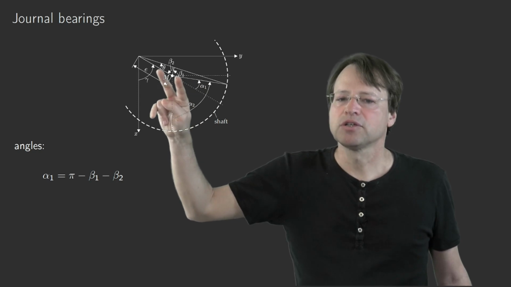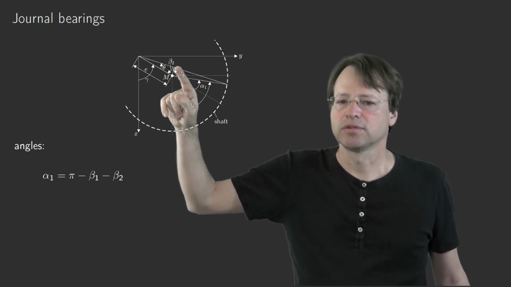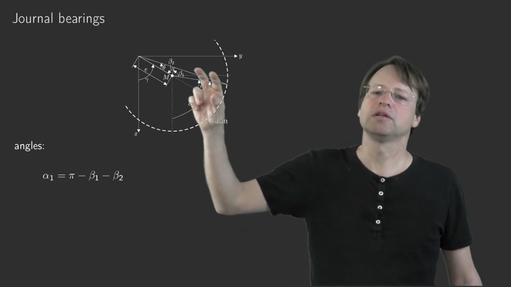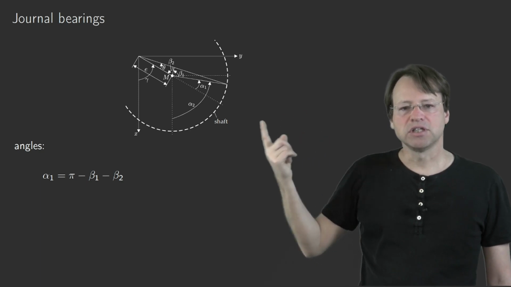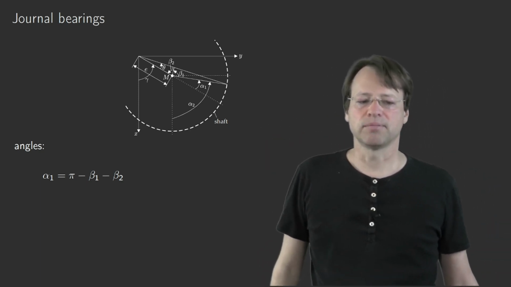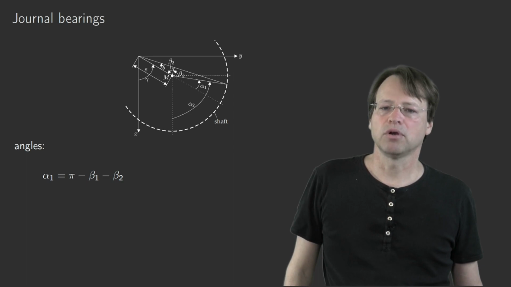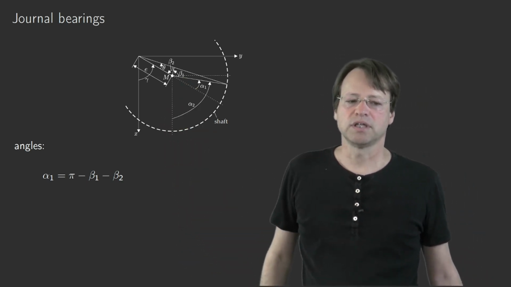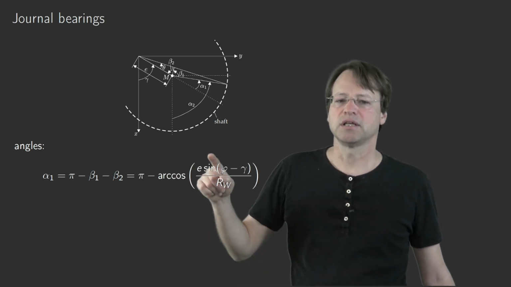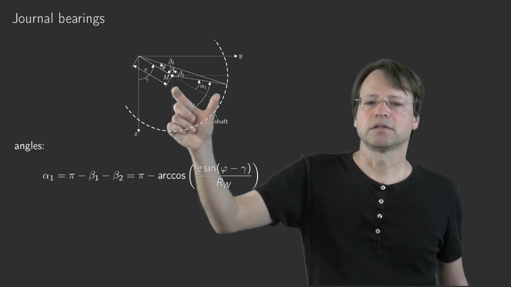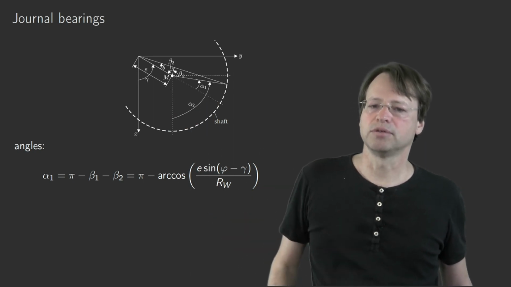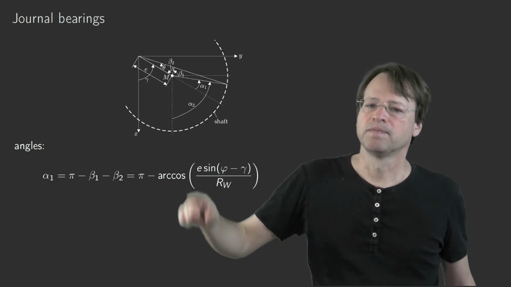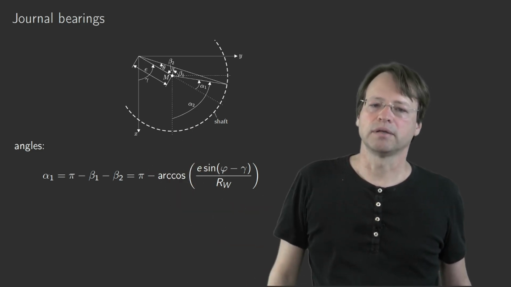But it's possible to determine these two angles adjacent to the height in the triangle, beta sub 1 and beta sub 2, because we perfectly know these two triangles. That has been seen from the study of the lubrication gap. So for beta 1 we obtain a result, beta 1 being that angle here. We take the height, which is E sine of phi minus gamma, and we take that hypotenuse r sub w, and then minus r cosine of that expression is equal to the angle beta 1.